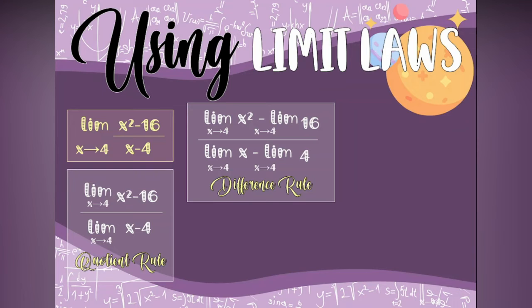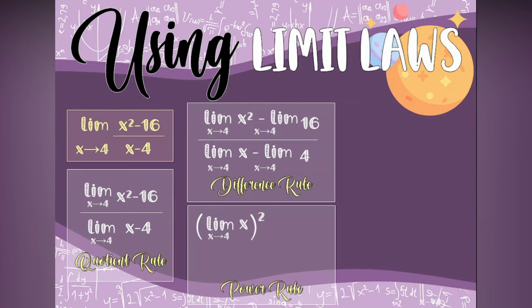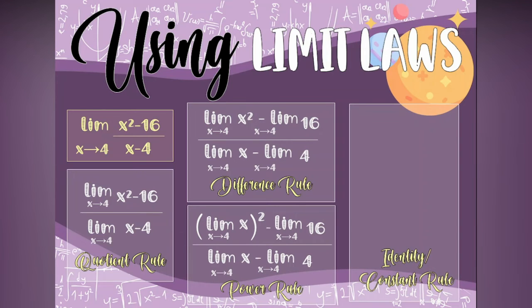We can apply the power rule, so it's the quantity of the limit of x raised to 2 as x approaches 4 minus the limit of 16 as x approaches 4 over the limit of x as x approaches 4 minus the limit of 4 as x approaches 4. So let's proceed to the next rule, which is the identity and constant rule.